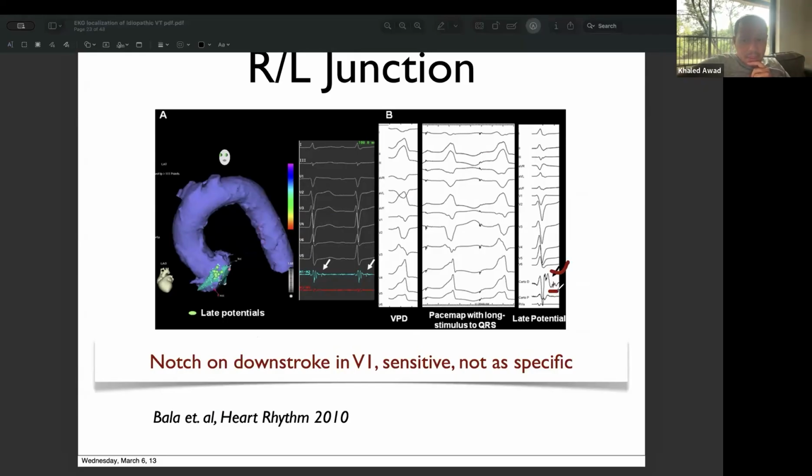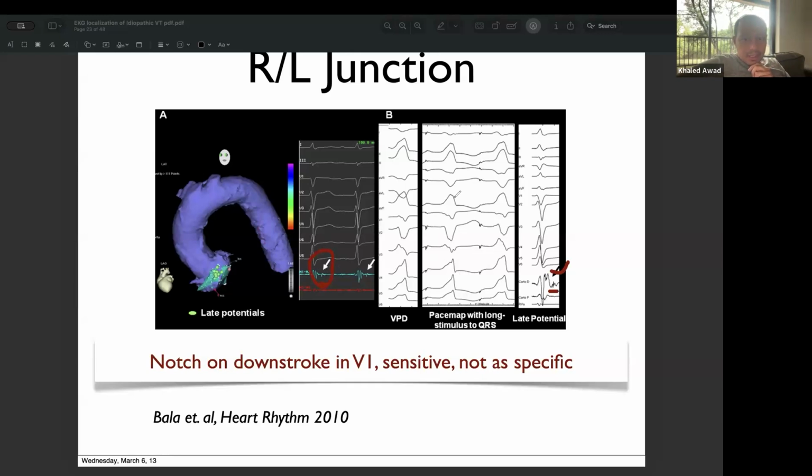Interesting. Sometimes you actually see areas of slow conduction. It's very limited. It's just one thing, not multiple late potentials and multiple morphologies, which would make it more of a structural heart disease issue. You can see the same potential on CARTO, that one right there with the white arrow.